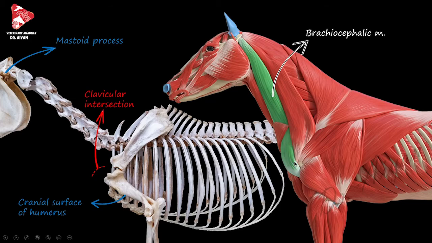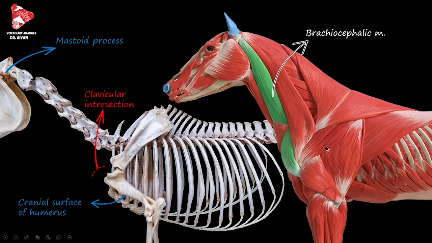Look at the origin and insertion, or the course of this muscle, and you will understand its function. The first function is to move the forelimb cranially, forward. If the forelimb is fixed, contraction of this muscle can turn the head and the neck laterally.